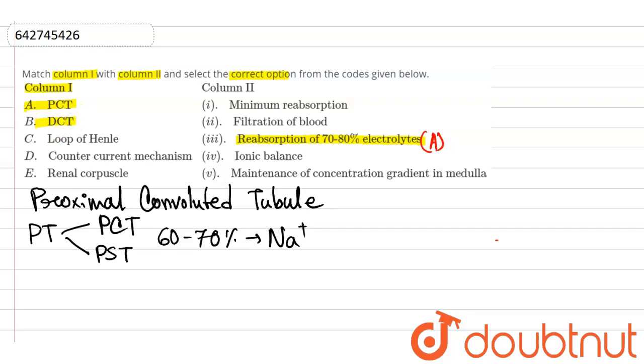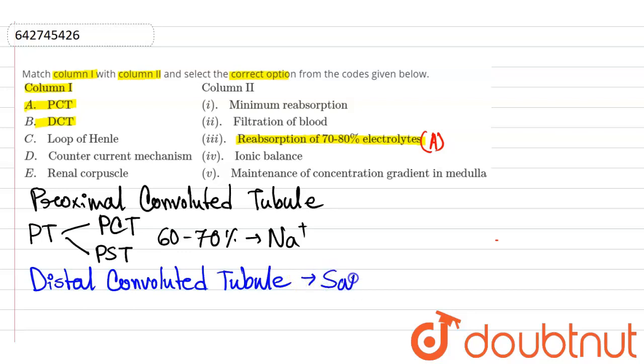So DCT is the distal convoluted tubule. And the DCT is a portion of the kidney nephron between the loop of Henle and the collecting tubule. The distal convoluted tubule connects to the collecting duct system that positively affects the salt and water reabsorption.